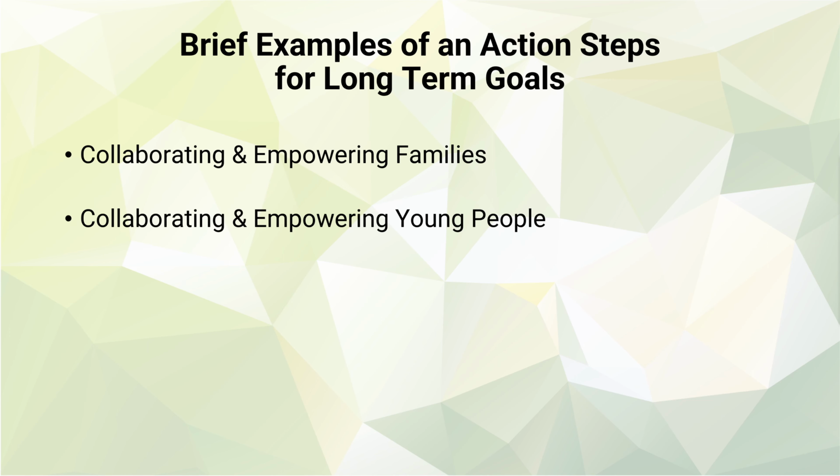If we want to do that, each specific step, who's going to do what, what's going to happen, how are we building this and empowering young people, how are they being decision makers in this process. So keep in mind too that whether you're focused on empowering and collaborating and supporting young people, families, or stakeholders, you really need to make sure that you get really specific and really describe what those action steps are for whatever those short and long-term goals are.